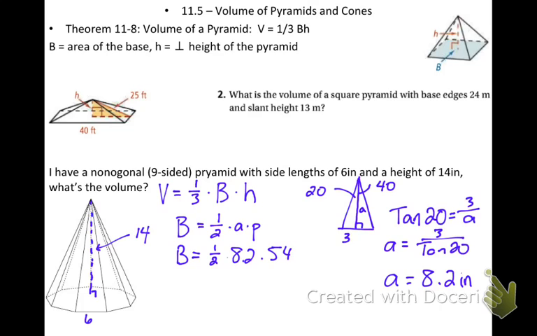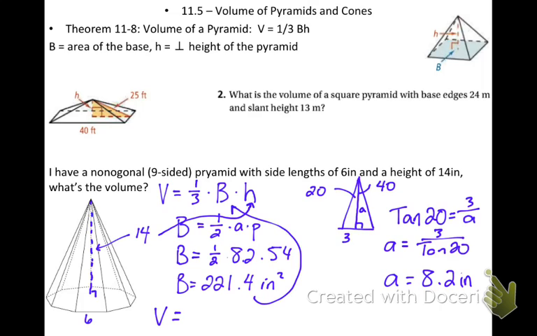So then I can do 0.5 times 8.2 times 54. And I get my area, which is 221.4 inches squared.